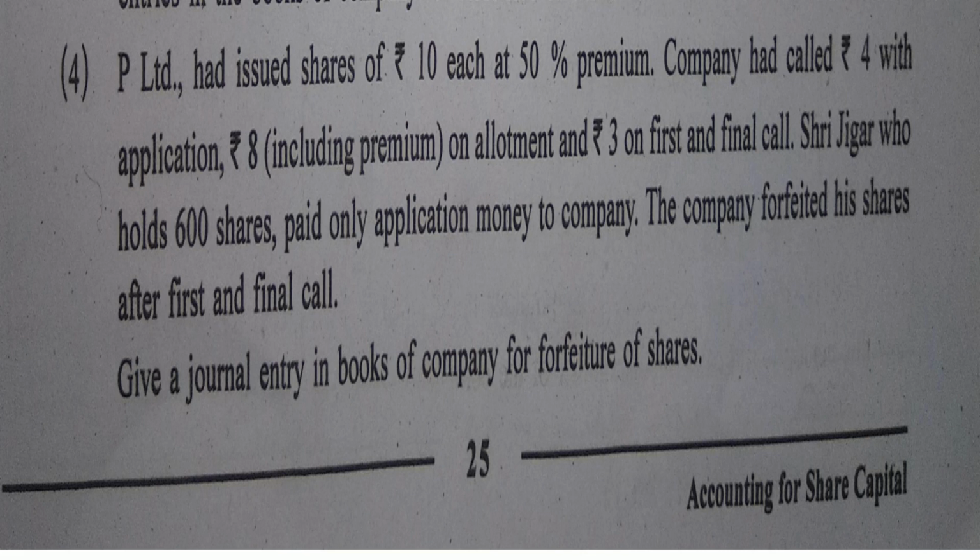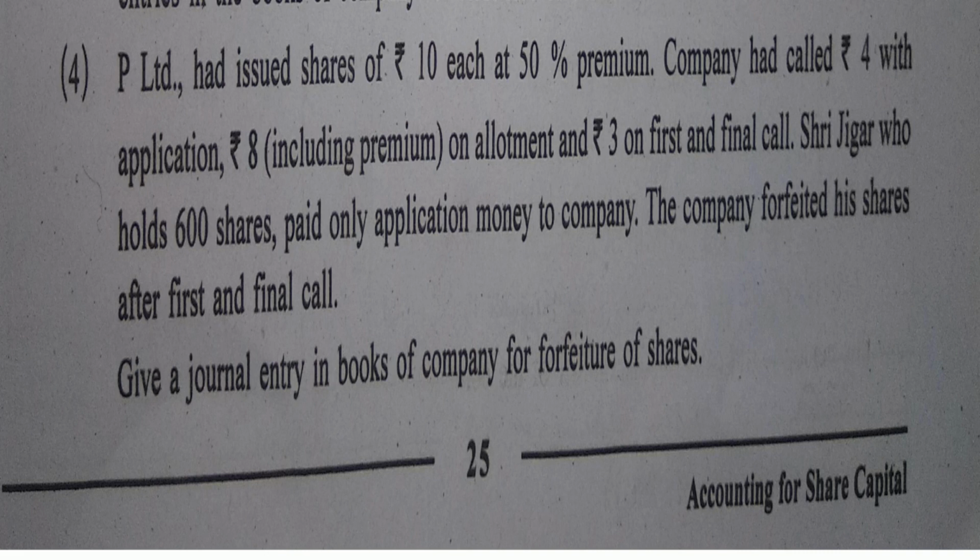It says P Limited had issued shares of rupees 10 each at 50% premium. So firstly, this is issue of shares at premium. What is the face value of shares? It is rupees 10. What is the amount of premium? 50%.